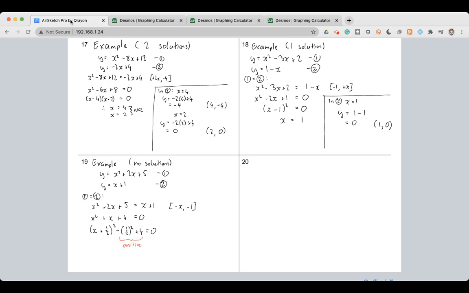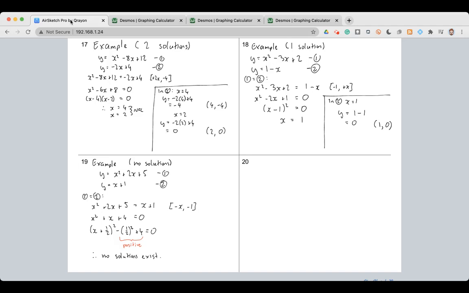As soon as this bit's positive, then I know there's going to be no solutions. And if you can't remember why, go back to the completing the square videos and have a look. If this bit is positive, I'm not going to be able to take the square root of it when I switch it over to the other side. So I can just say, therefore, no solutions exist.